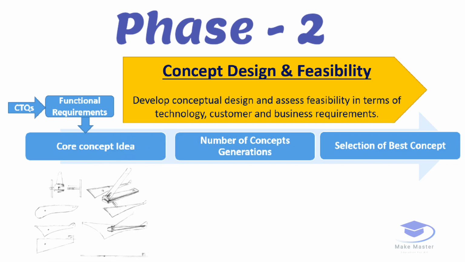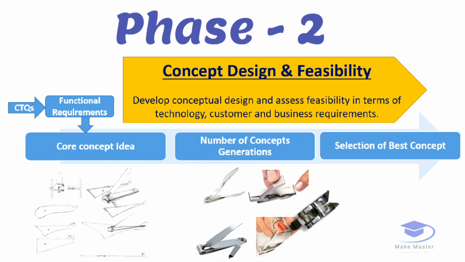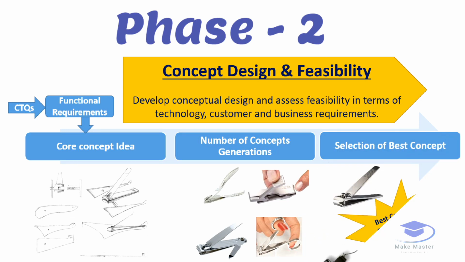The core concepts can be a pencil sketch or an idea in your mind that you put on paper. This core idea is converted into a number of concepts, as shown here. If you see here, that is the nail cutter with different kinds of operating modes or different kinds of levers. Once the number of concepts are generated, we evaluate each concept against the functional requirements.